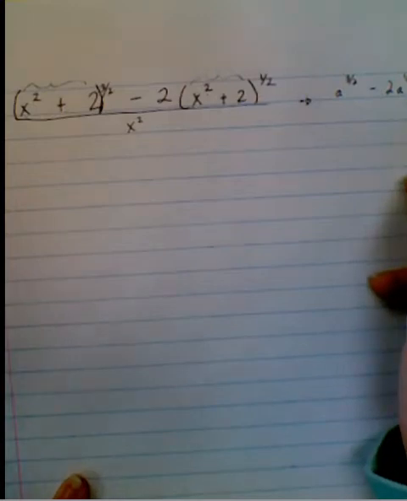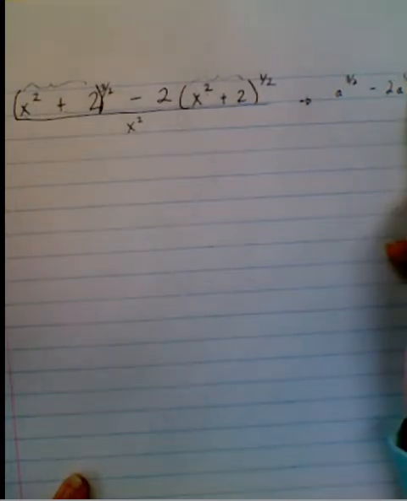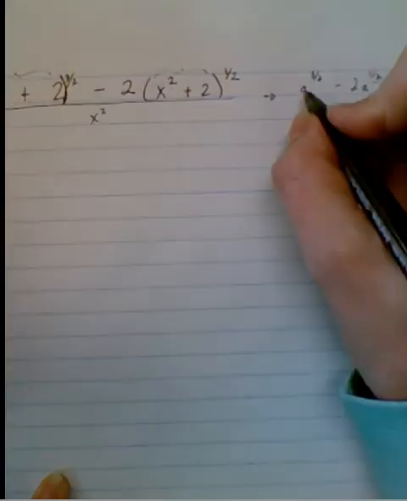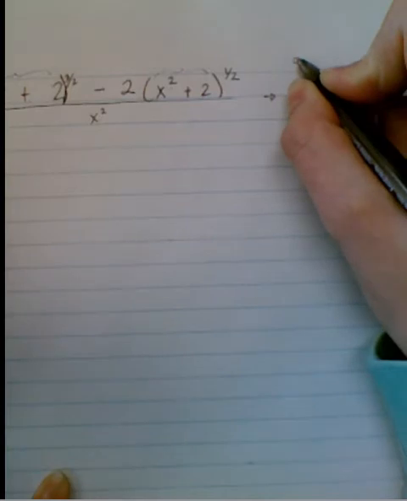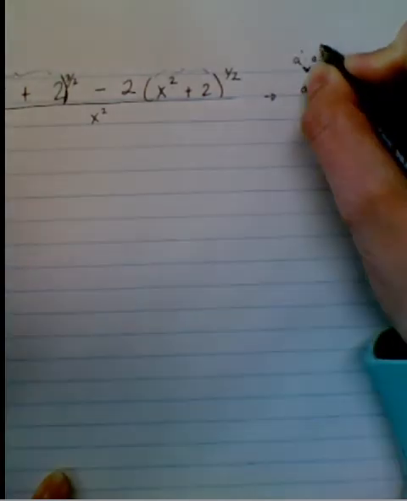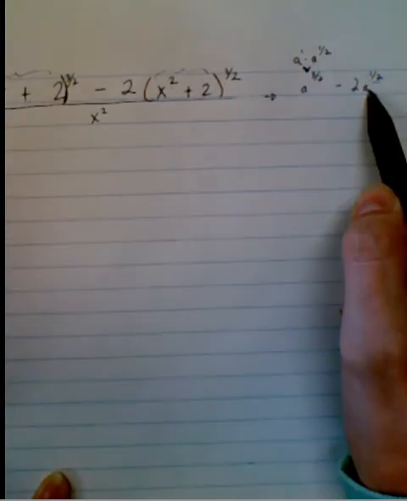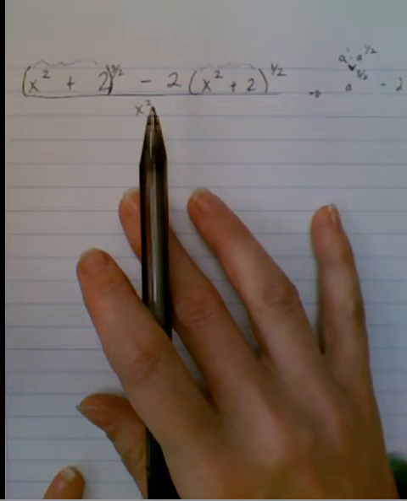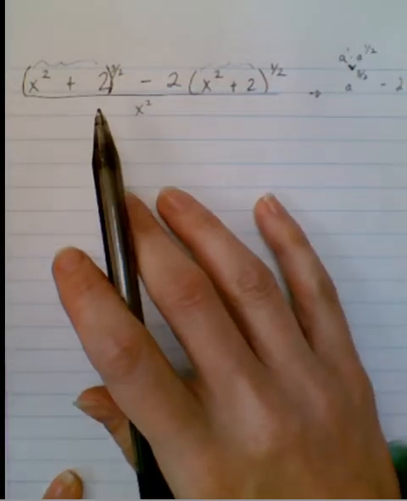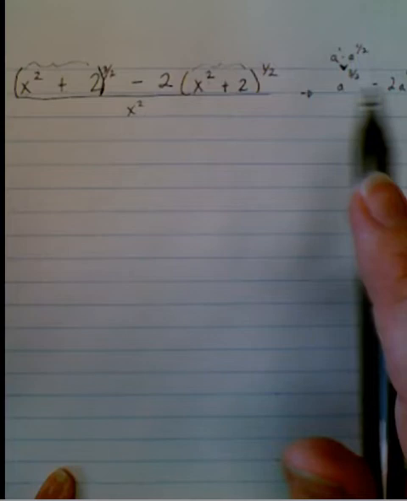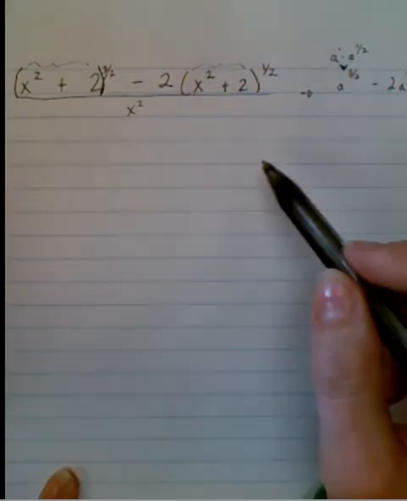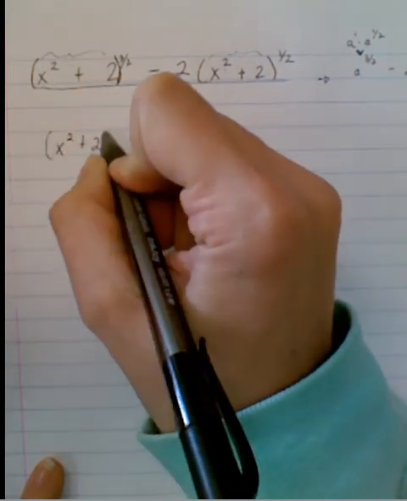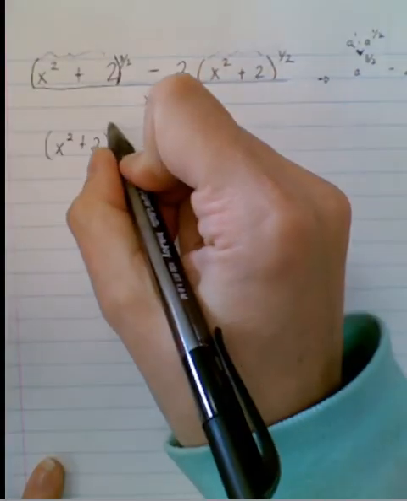If you notice, I have a 1 half here, and 3 halves is really a to the first times a to the 1 half. So I have a common term here. Over here it looks a little funny because we have a quantity represented as our a. And so we're going to pull out that a to the 1 half as a common factor. So x squared plus 2, our quote-unquote a, raised to the 1 half.